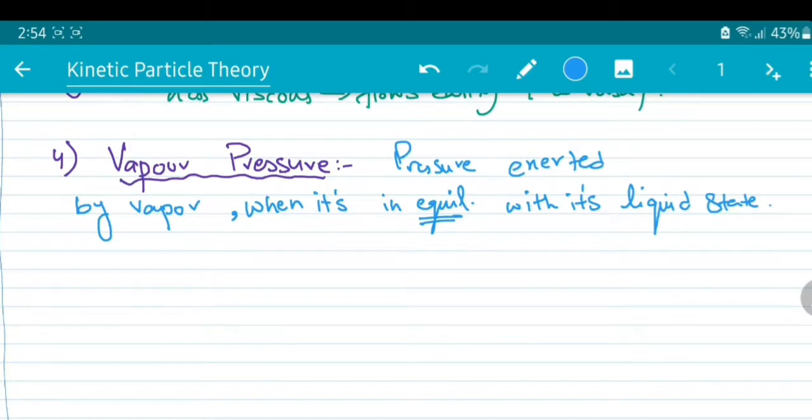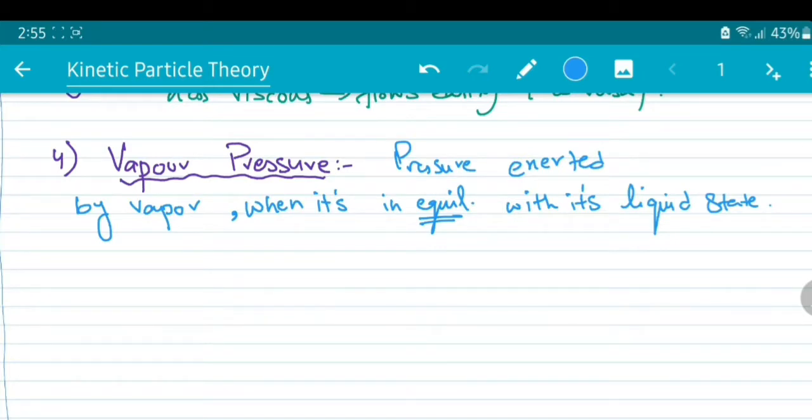Here it means that when the forward and the backward reactions are happening at the same rate, and the concentrations of the reactants and the products are the same. So just remember this for now. The vapor pressure means pressure exerted by the vapor when it's in equilibrium with its liquid state.